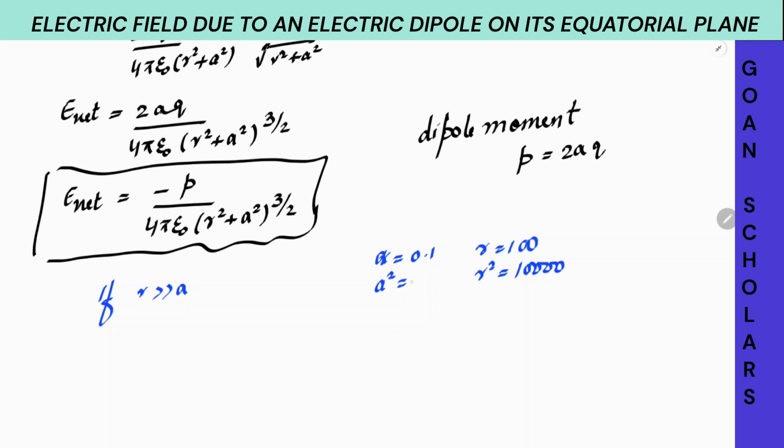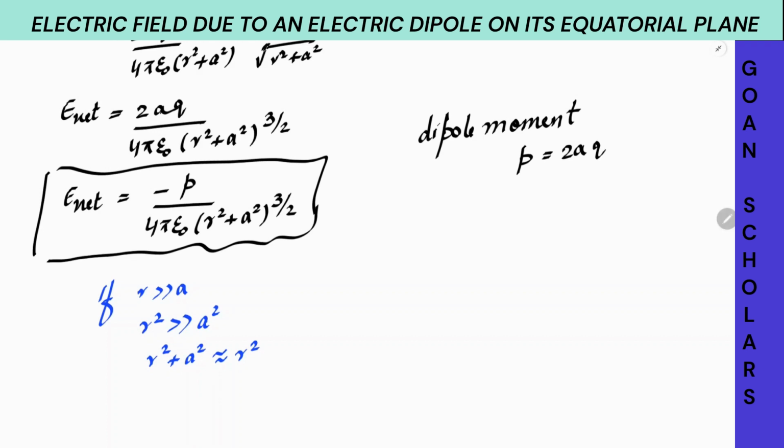And a square will be what? 0.01. So if you take a smaller number, the square of a smaller number becomes much smaller, while the square of a larger number becomes much larger, right? So that's why r square will be much greater than a square. And in that case, can we say that r square plus a square is nearly equal to r square? Why? 10,000 plus 0.01 is nearly 10,000 only, right?